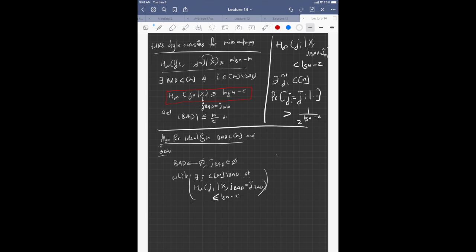Since the min entropy is not at least log n minus tau, it's strictly smaller than this.